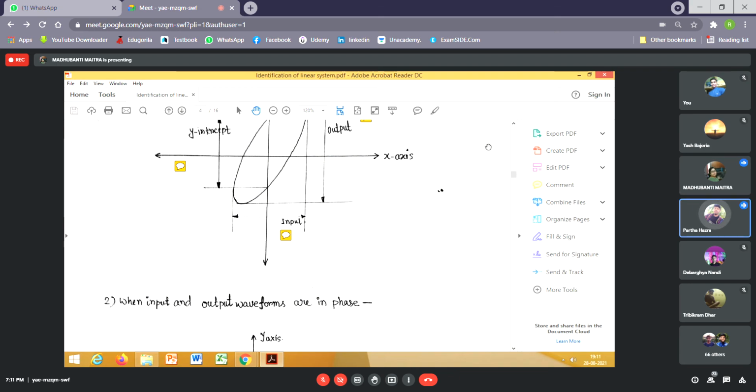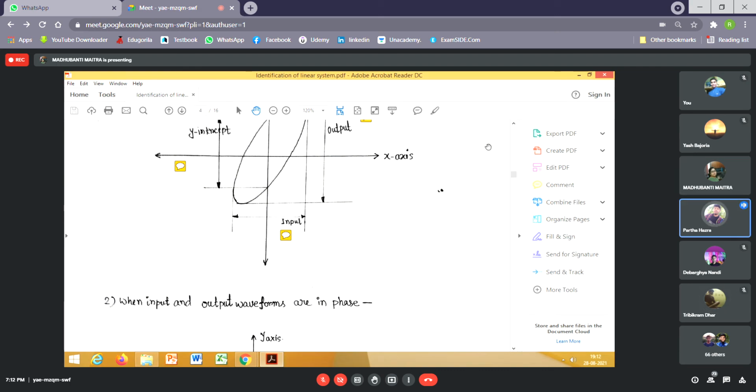Ma'am, please could you repeat the 2C value? For which frequency? For 20K? The value of 2C is 2.2. Just a moment. 20K, 2C is 2.2 and 2B is 2.7.